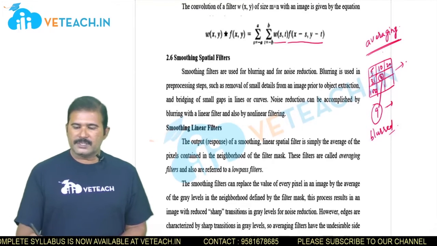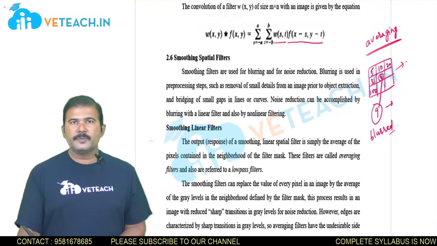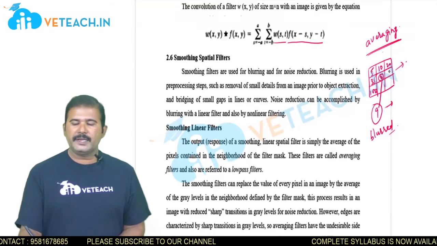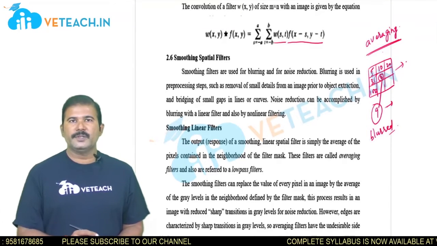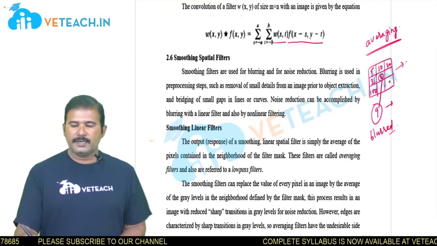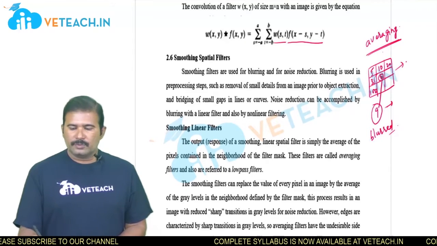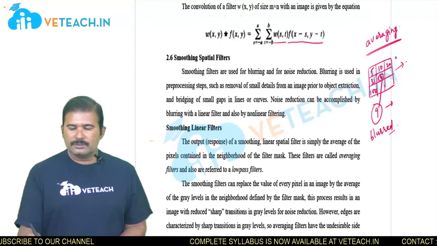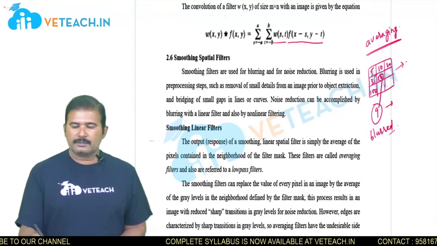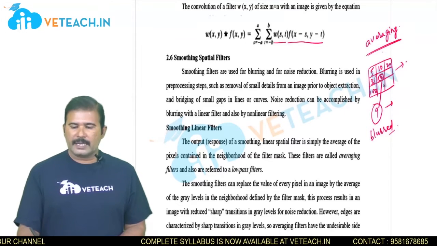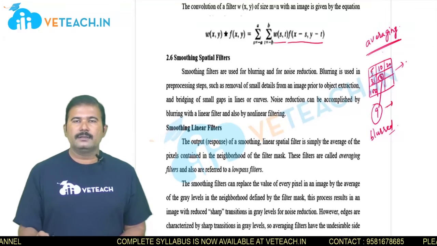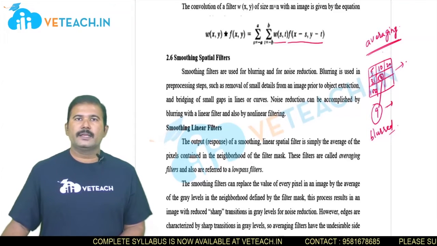All the intensity values are different, so we can observe variations in this particular area of the image because the intensity values differ by large amounts. After performing the averaging, almost all the values in this area are nearly equal. That means the resultant image looks blurred.